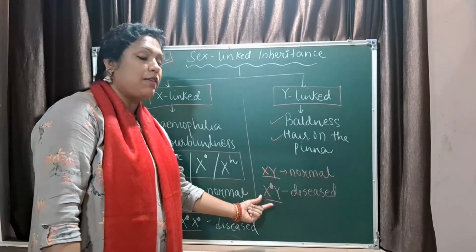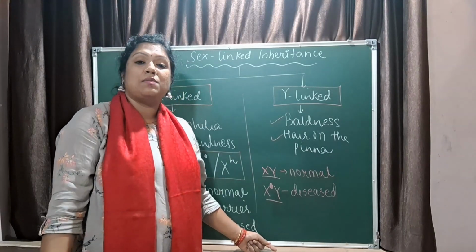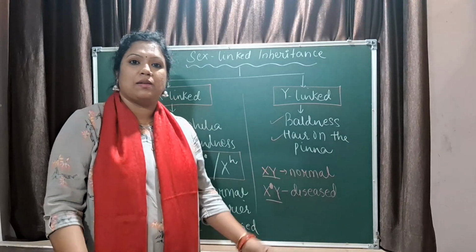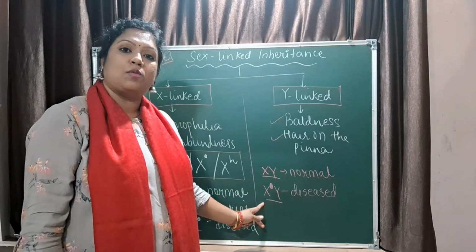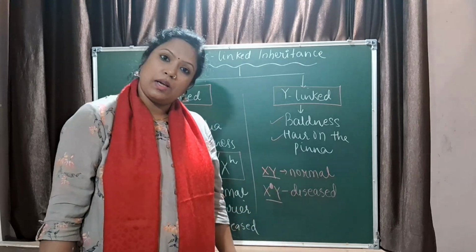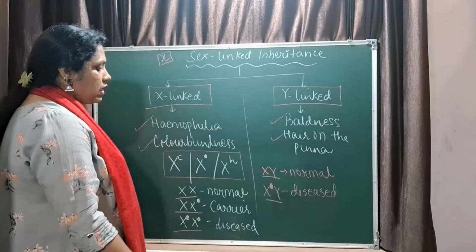Why? Because males have only one X chromosome, so whatever gene is present on that X chromosome will be expressed in males, and this X chromosome the son inherits from the mother. That is why it is called crisscross inheritance.